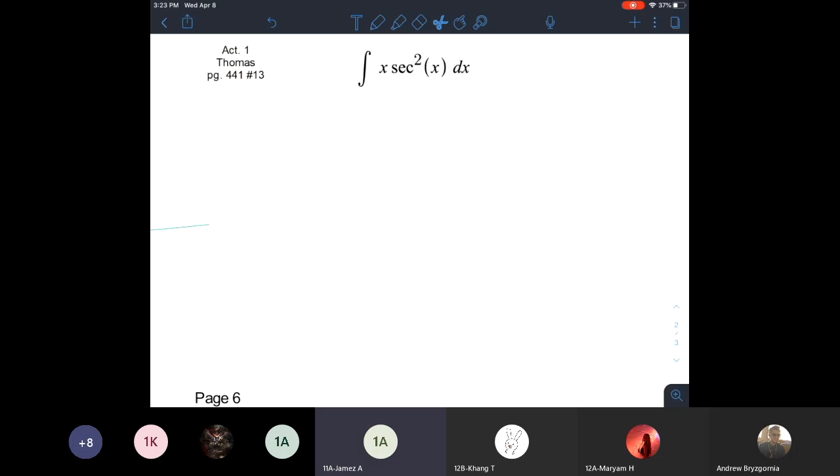Mr. Briz, what's the Pythagorean thing for secant? Or do we have to not use that? No, you don't need to use the right triangle for secant. I know, but like there's something. Oh, the Pythagorean identity. Yeah.